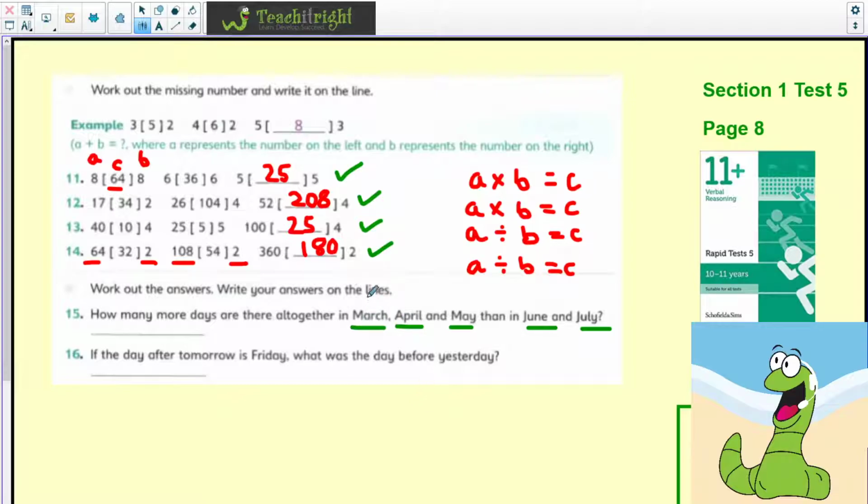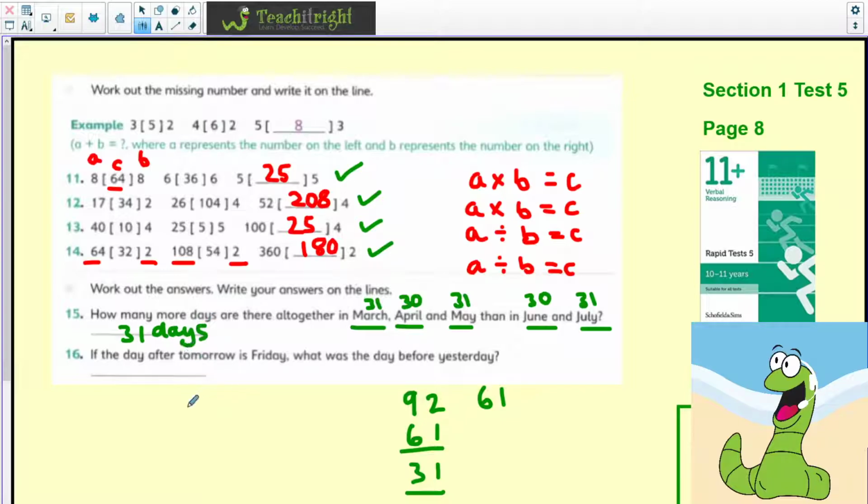If we add these up very quickly, we've got 92 and we've got 61. If we find the difference between those, you can probably do this in your head. There are 31 days. So that's the answer.